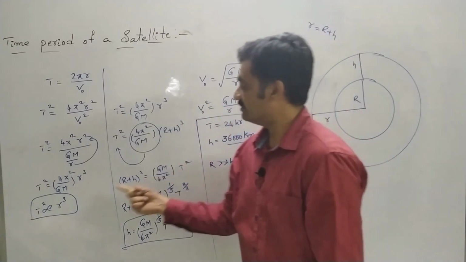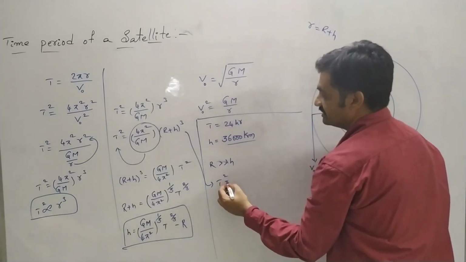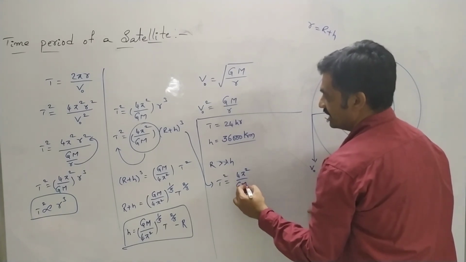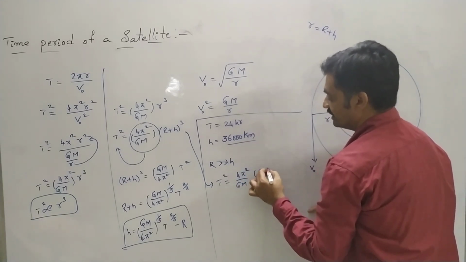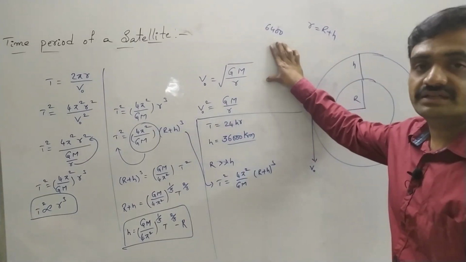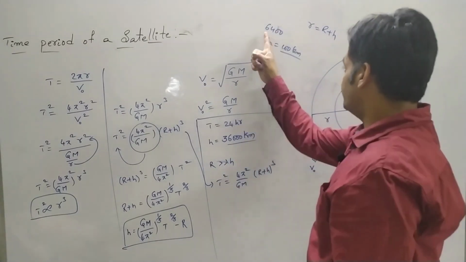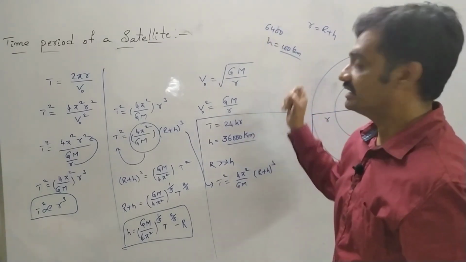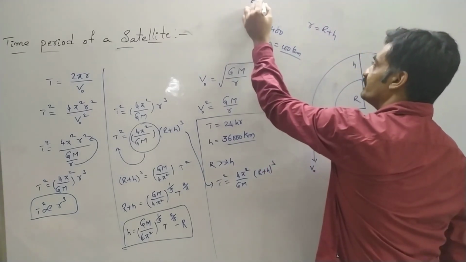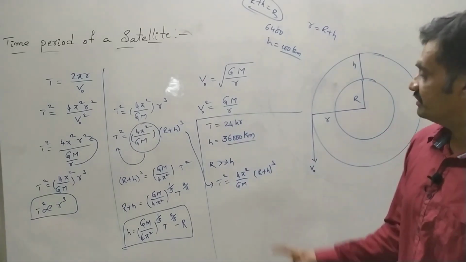So from this condition, observe this expression: T square is equal to 4 pi square by GM into (R plus h) whole cube. We know the radius of the Earth as 6,400 kilometers. If you consider the satellite is placed at a height of 100 kilometers, as compared to 6,400, 100 is negligible. Then what we can do is we just replace R plus h with R.